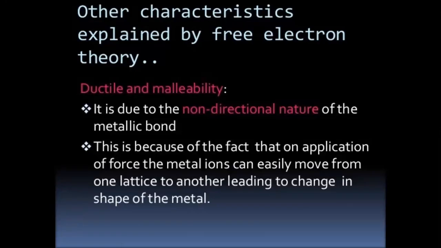But before ending the class, what are the defects of the free electron theory? The most noticeable failure of the Drude-Lorentz model is its inability to explain the discrepancy between observed and predicted values of specific heat.